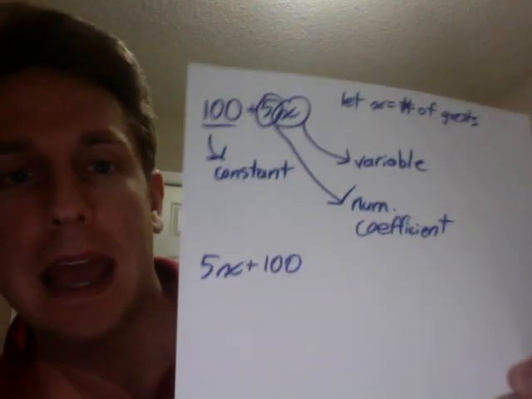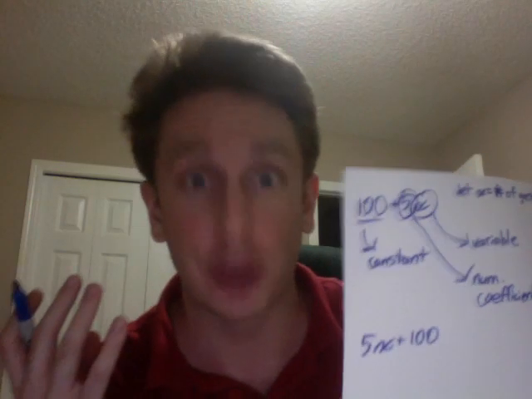All you have to do is replace the variable with whatever number you want to find. So let's say, how many guests do we have? Imagine if you invite all your friends in the world to this party. Okay, 3. So I'm going to take 5x plus 100, and I'm going to replace that x with 3.